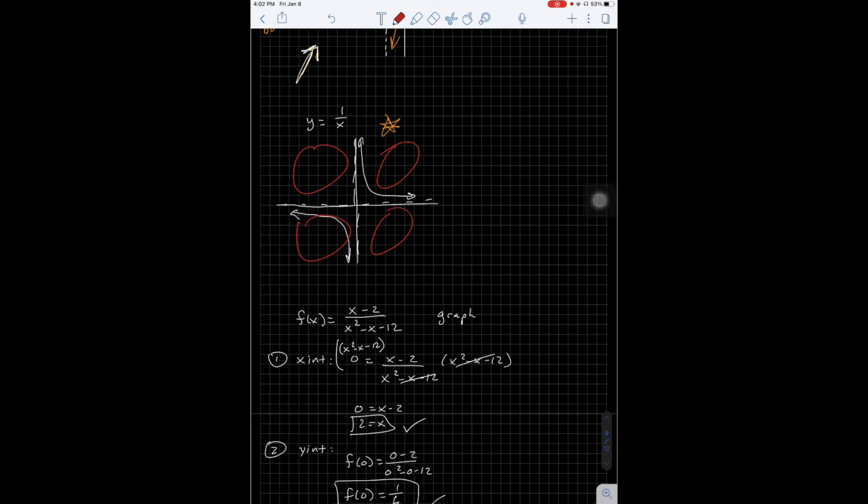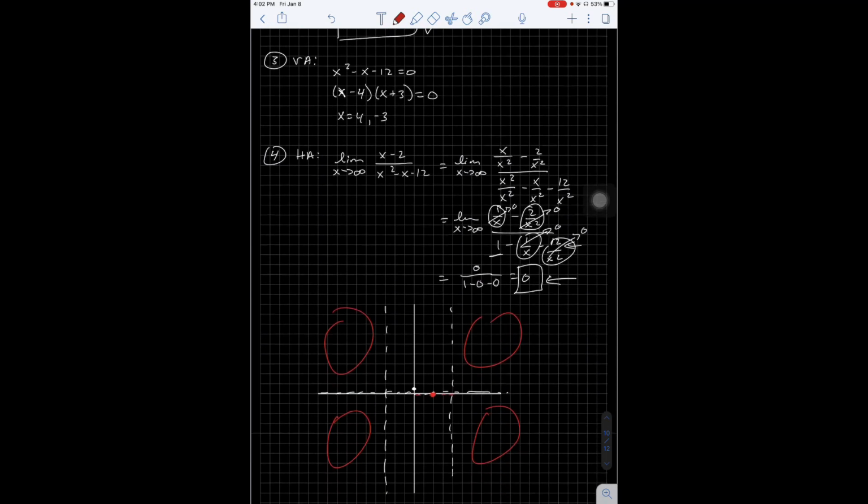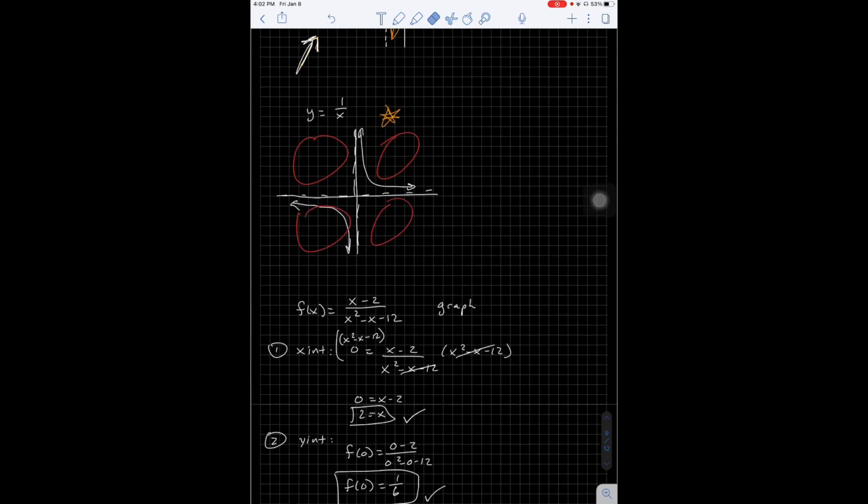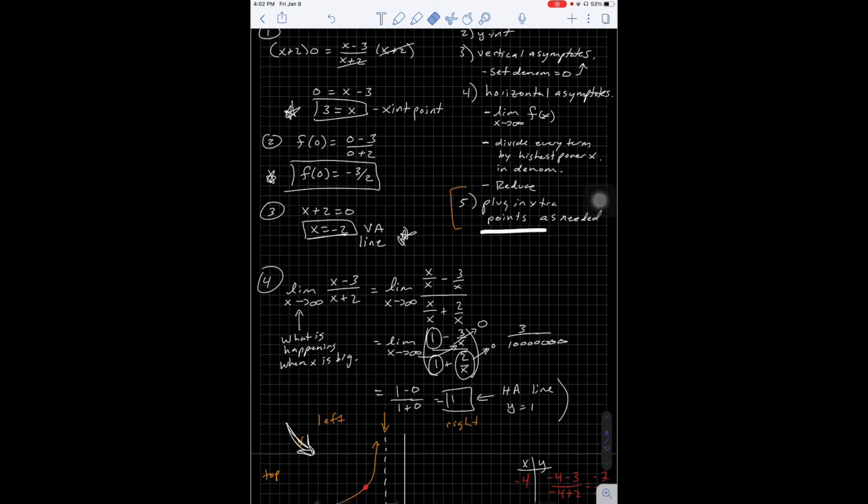So you're going to have swooshes in one of those, top or bottom, and then this middle section is going to do something different. We'll talk about in a minute, okay? So let's deal with these outside 4 first and figure out where we're swooshing. This type of problem is where the last step 5 comes in, where we say plug in extra points as needed.